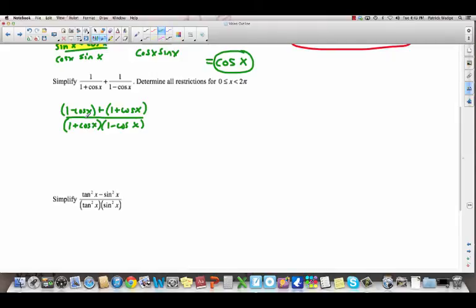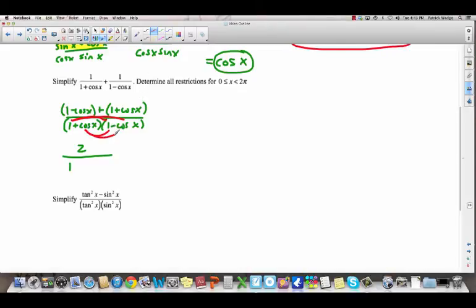Okay, on the top, we can do some combining. We have 1 plus 1, so we get 2. And we have negative cosine x plus positive cosine x. Those cancel. All we have on the top is 2. On the bottom, you can do your mountains and valleys again. 1 times 1 is 1. 1 times negative cos x is negative cos x, and positive cos x times 1 is positive cos x. Those cancel out again.